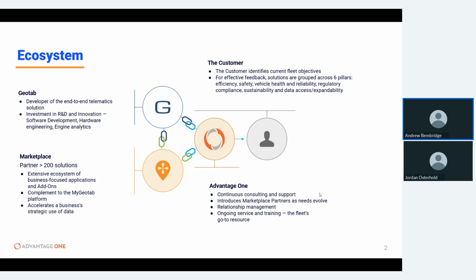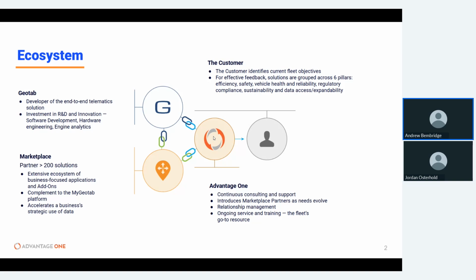Really quick, I just wanted to outline where Advantage One sits as your Geotab partner, and where folks like NSIM Rasters fit into our Geotab ecosystem. Right in the middle there, we're Advantage One. We are your Geotab partner. You know and love us from your regular day-to-day activities. And we interface with Geotab and connect you to the Geotab marketplace, which has solutions like dashcams, Rasters, other route planning software, and other safety systems like OK Alone.